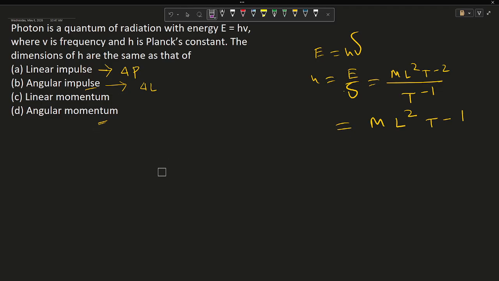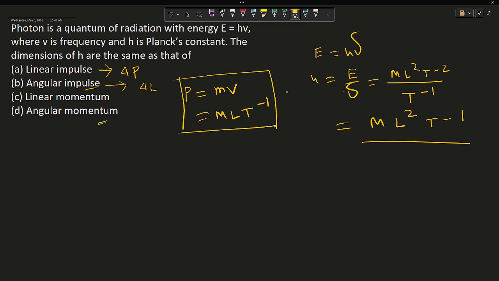Now we have to check which one has the dimension of this. First we will check linear momentum. Linear momentum means mv, so m l t to the power minus 1 will be its dimension, but it does not match with Planck constant, so it is not possible. That means linear momentum is not possible, and linear impulse is also not possible.